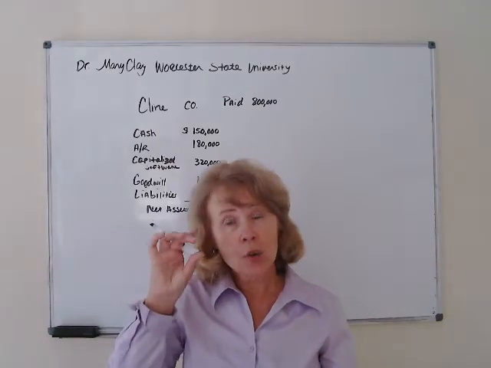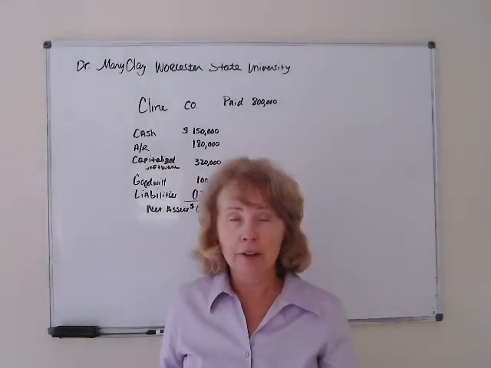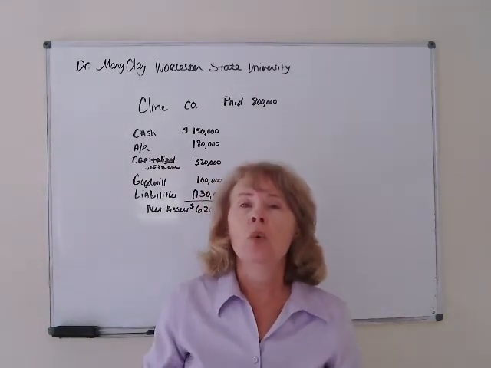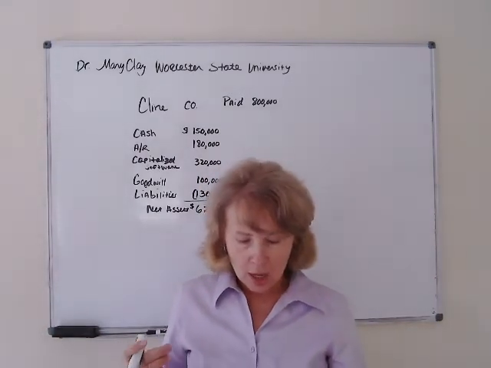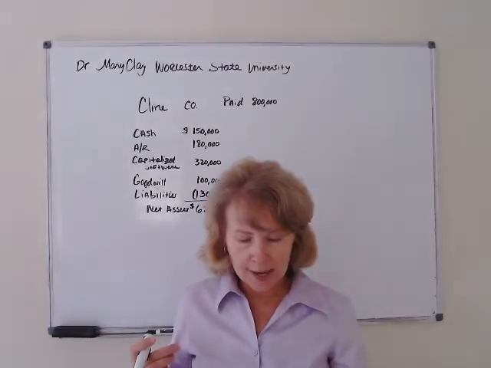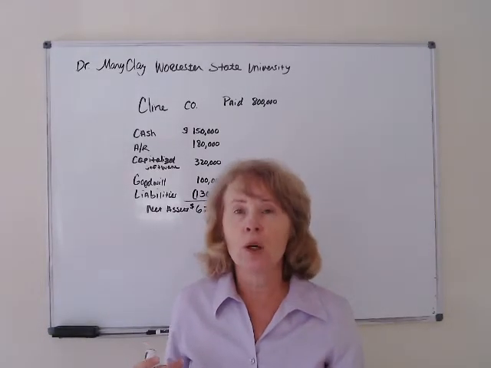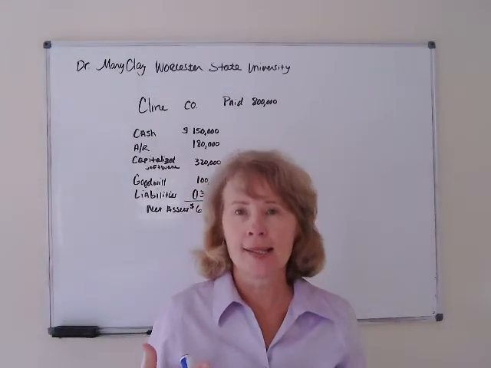It also tells you in a blurb down below, on June 1st, Reno's accounts receivable had a fair value of $140,000. We always use the fair value. Additionally, Reno's in-process research and development was estimated to have a fair value of $200,000. Very important, it says that it's in process.